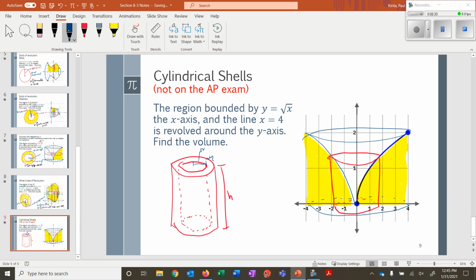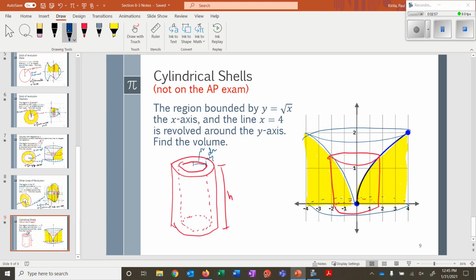We can think of this as a change in the radius, or a delta radius. But we want it to be an infinitesimally small change, which means we're going to call that thickness dr. And if I can find the volume of that cylindrical shell, I can accumulate those shells to get the total volume.